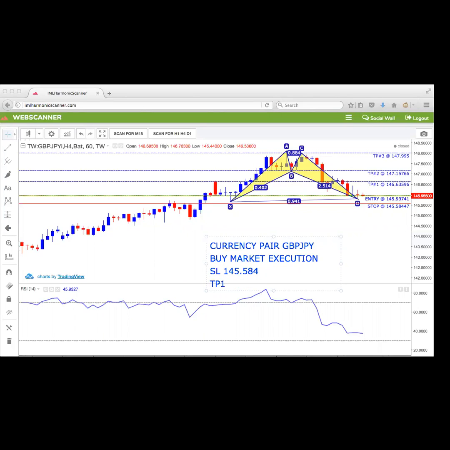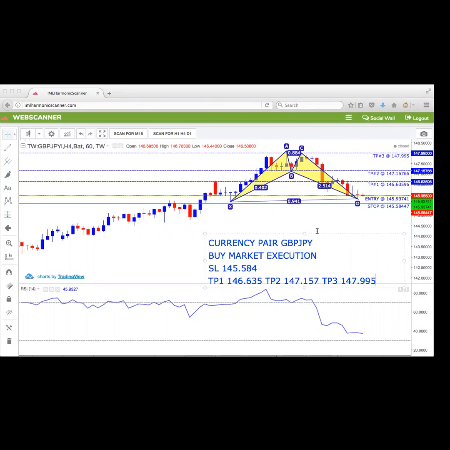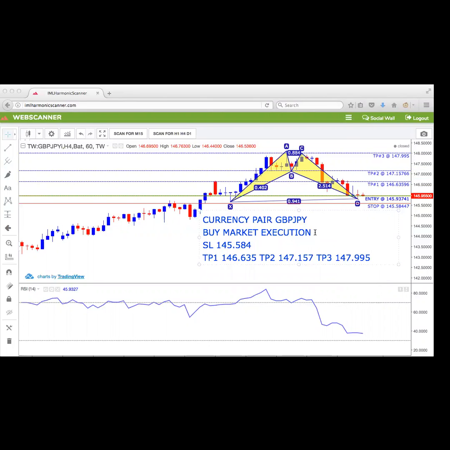Take profit 1 is 146.635. Take profit 2 is 147.157. And take profit 3 is 147.995.